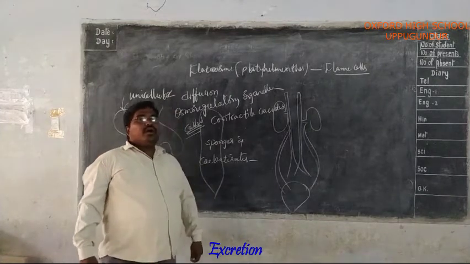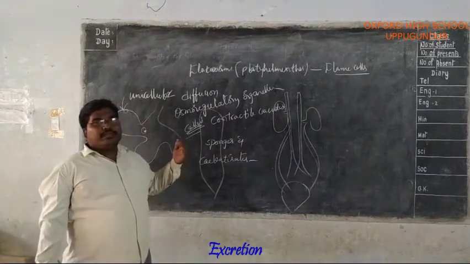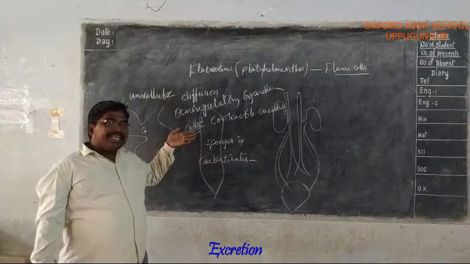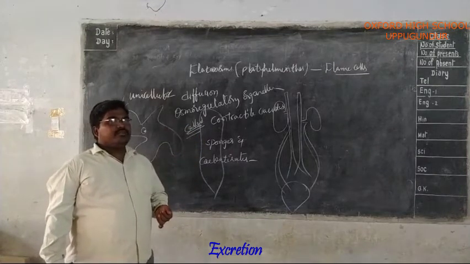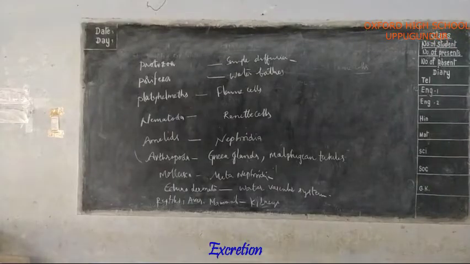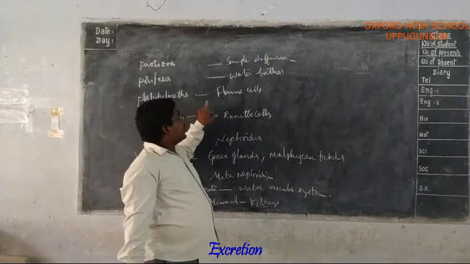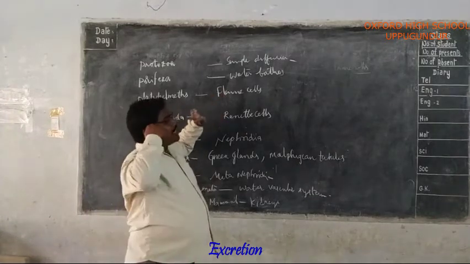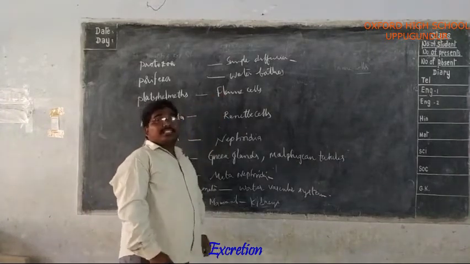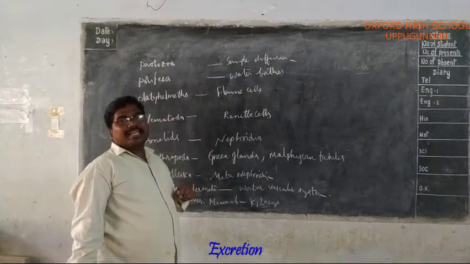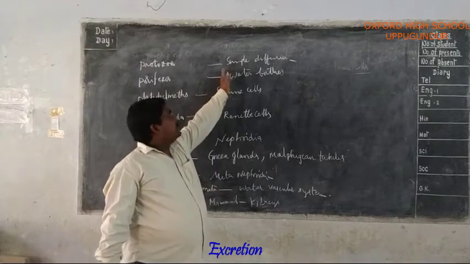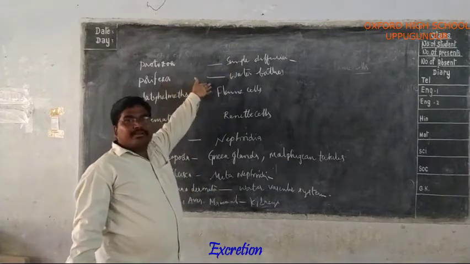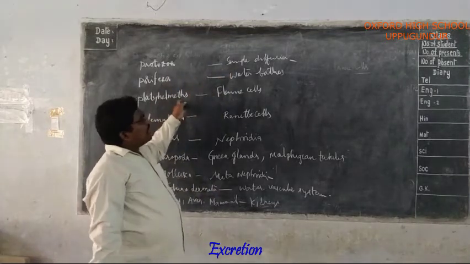Now I am going to explain different types of excretory organs present in different organisms. Protozoa have simple diffusion, porifera have water bathing of all the cells, platyhelminthes have flame cells.